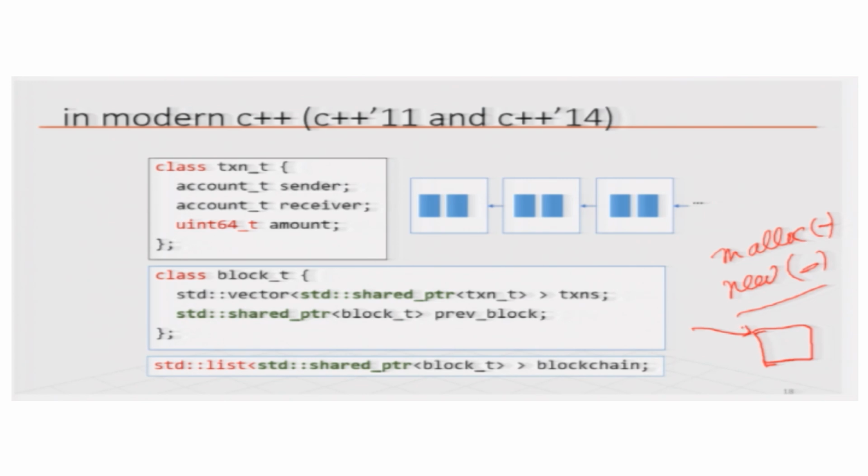Now, if you stop using this particular chunk of memory later in your program, then you are supposed to deallocate, right. So, you have to deallocate this amount of memory, otherwise your program will start running out of memory.